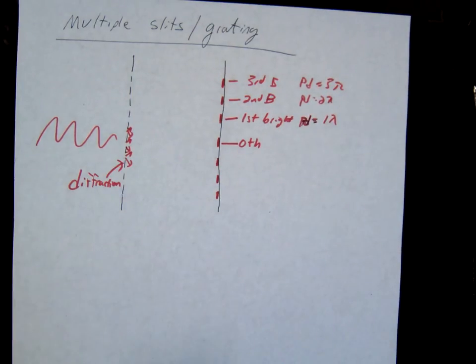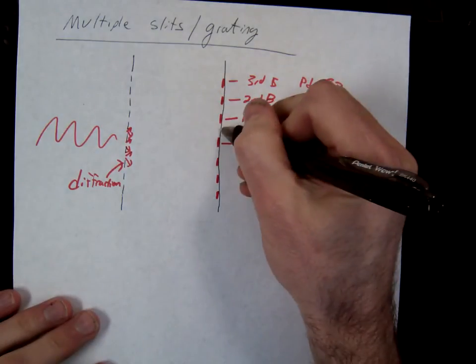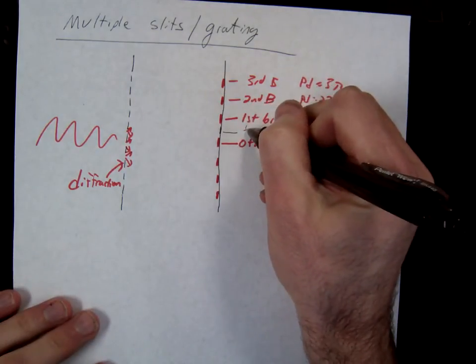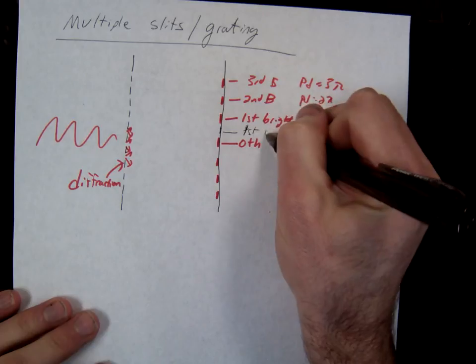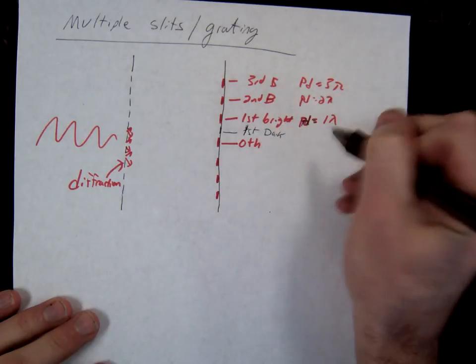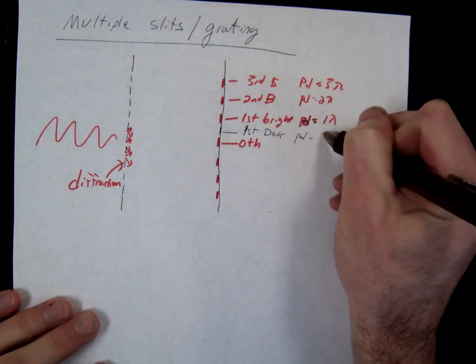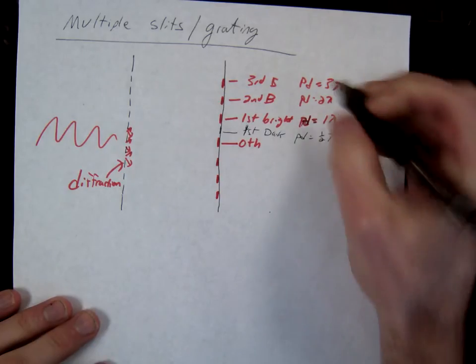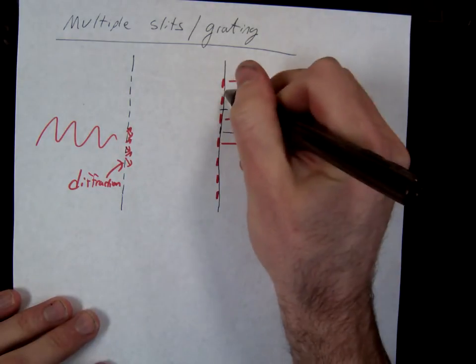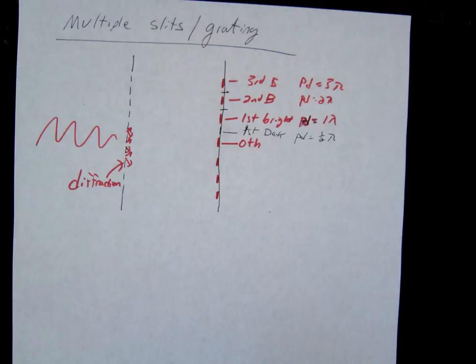What's the path difference for the first dark? This would be the first dark. PD equals 1/2 wavelength, and so forth and so on. So this would be 3/2, this would be 5/2. So far nothing's changed, and the math is going to be the same.